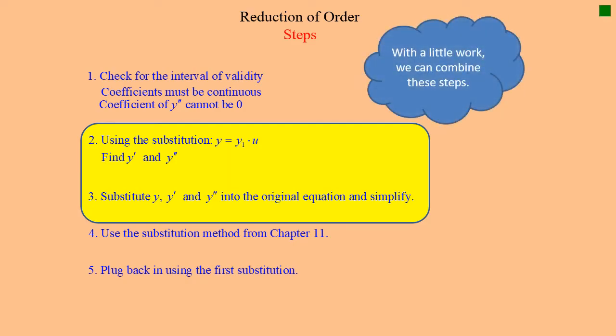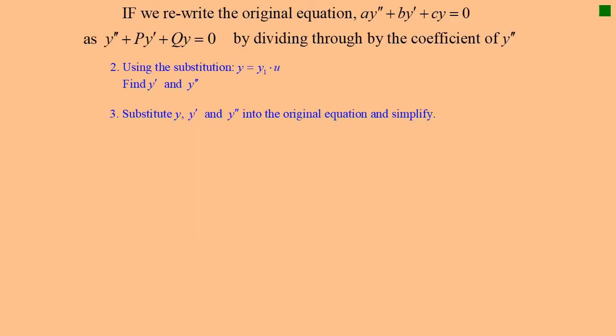There's quite a bit of algebra involved in these two steps, and we can expedite the work by doing a little bit ahead of time. Now for this to work, we need to rewrite our original equation so that the coefficient of the second derivative is a 1, and then we will come out with some function that is a coefficient of our first derivative and some function that is a coefficient of y.